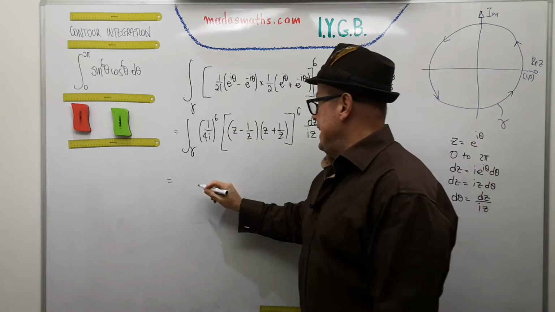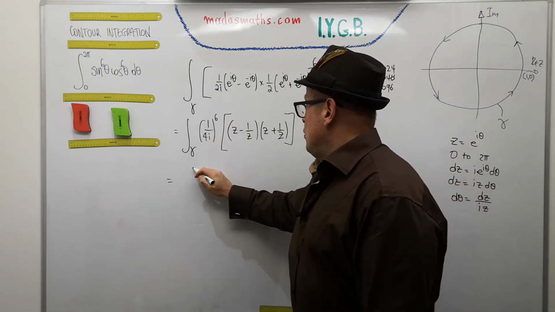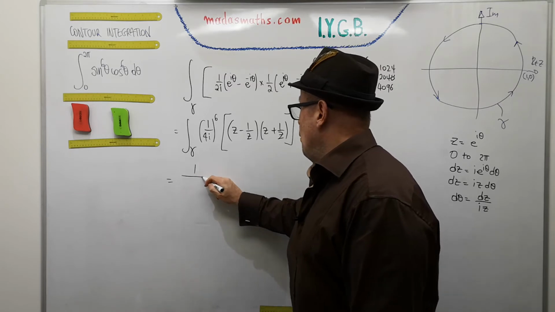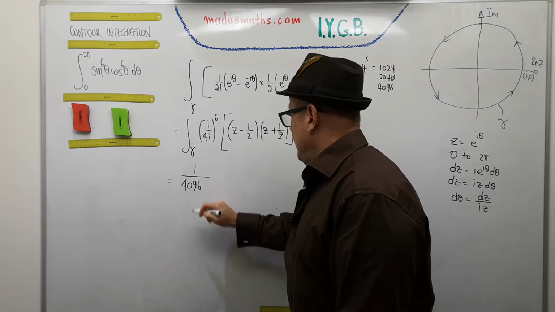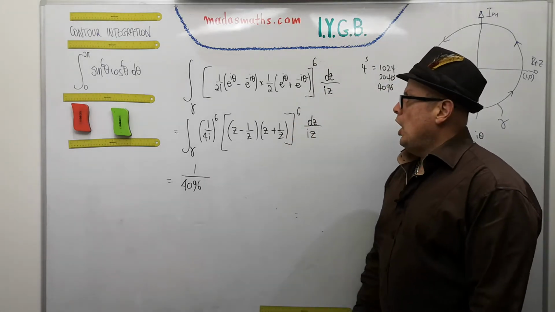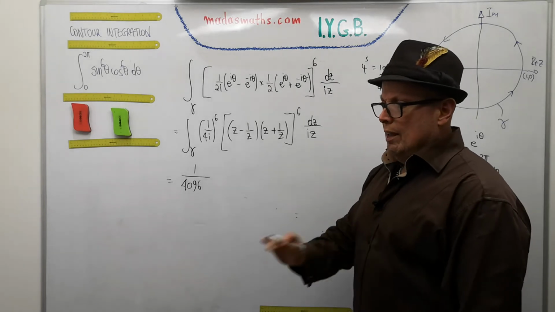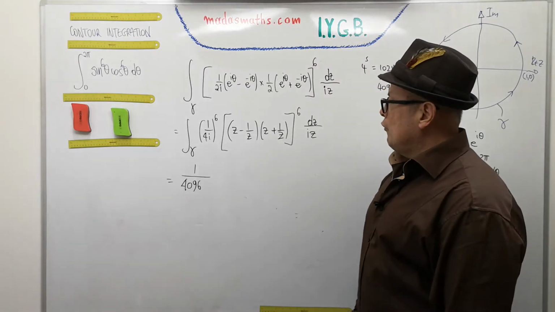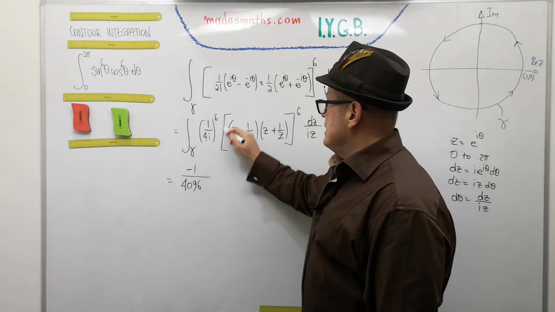So this bit here, I'm going to pull it outside the integral. It's going to be equal to 1 over 4096. What's going to happen to the i at the bottom when it gets to the power of 6? The power of 4 leaves it invariant, and then I've got a nice i squared, which will switch me to a minus 1.